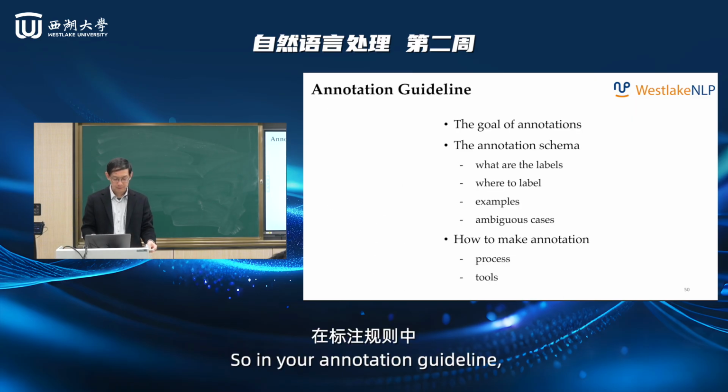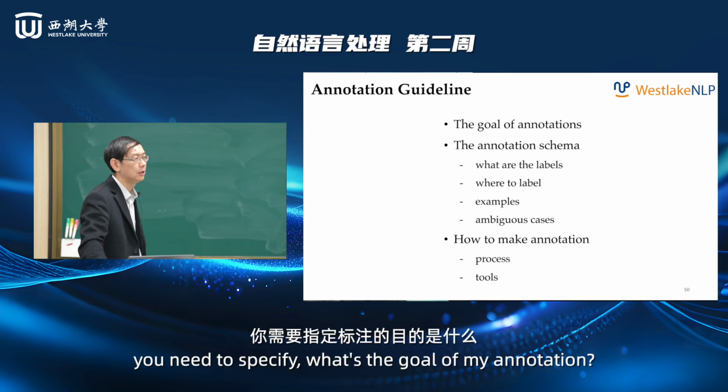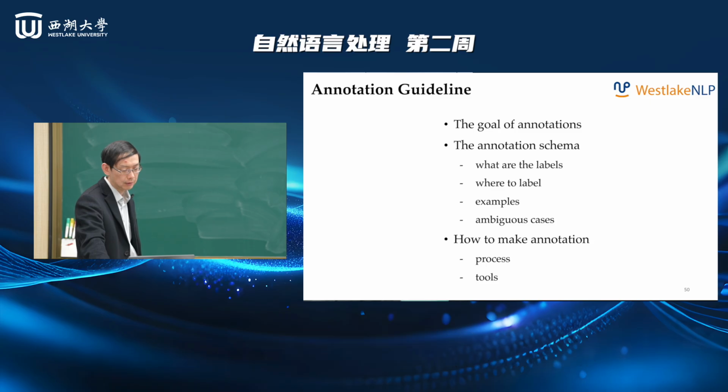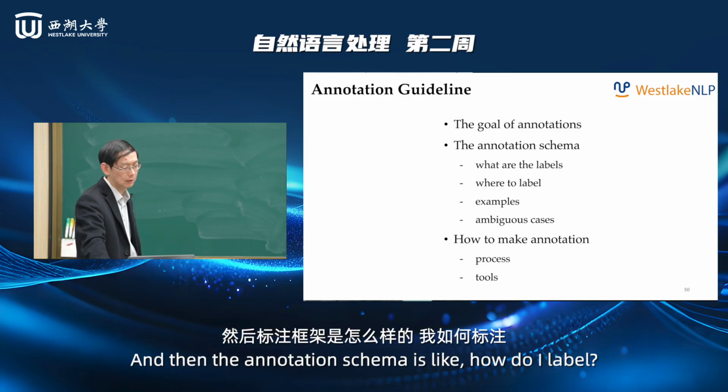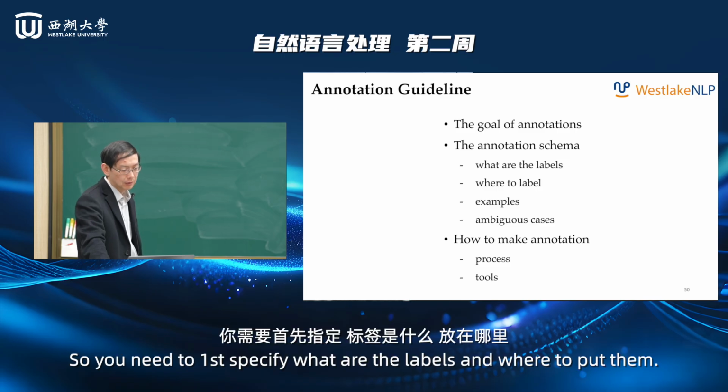In your annotation guideline, you need to specify what the goal of the annotation is, what do I want to annotate. And then the annotation schema is how do I label? You need to first specify what the labels are and where to put them.